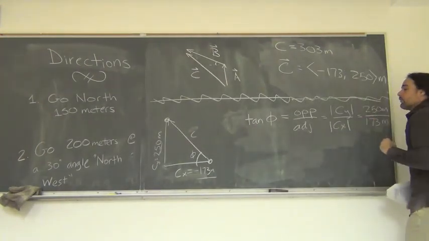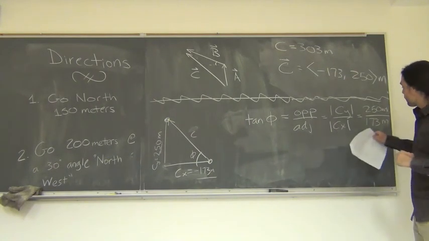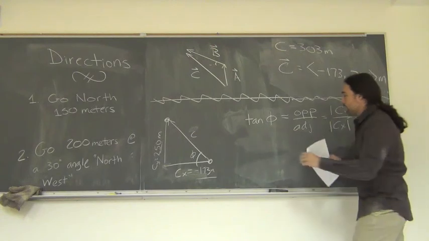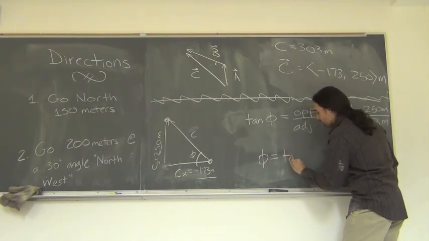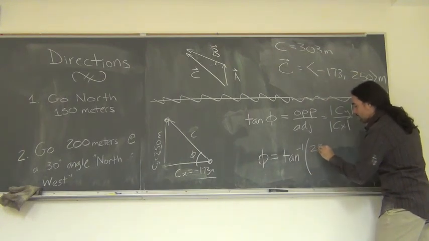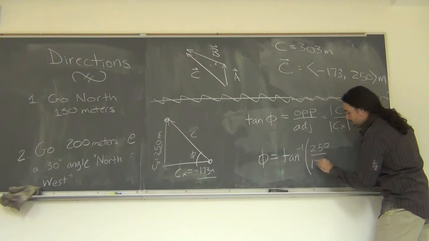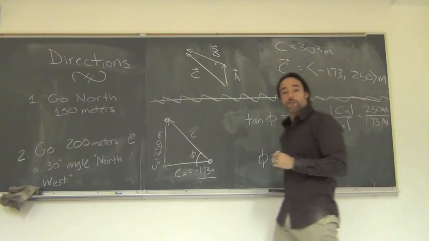And I can solve this for the angle. So it turns out we can undo that tangent by taking the inverse tangent of 250 meters divided by 173. The meters cancel out because I have meters over meters, so the units go away.